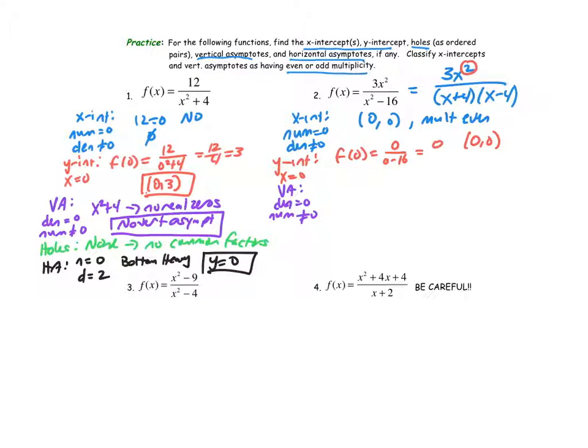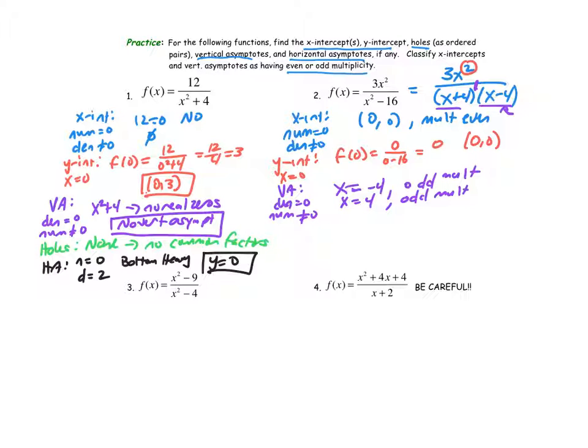Here, the denominator has two factors, x plus 4 and x minus 4, which means we're going to have vertical asymptotes at x equals negative 4 with odd multiplicity, right? This has a multiplicity of 1, and x equals 4 from the factor of x minus 4, also with odd multiplicity. And the multiplicity we're going to talk about soon. It's going to help us with our graphing.